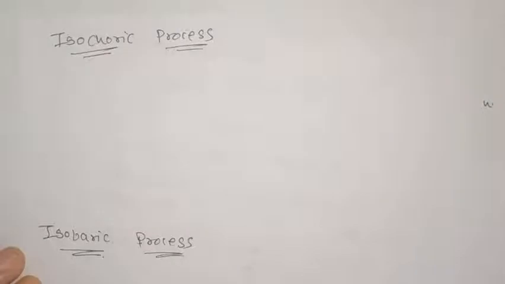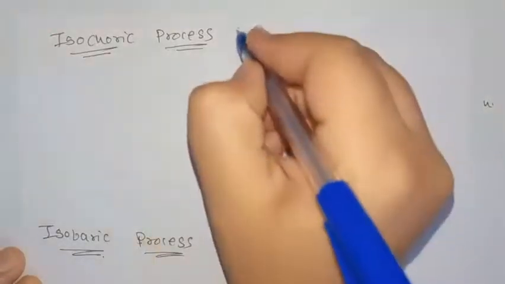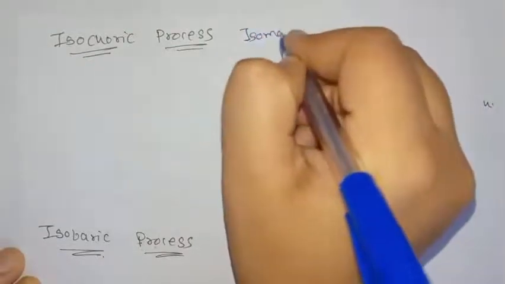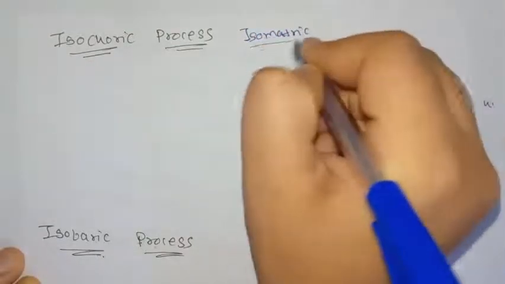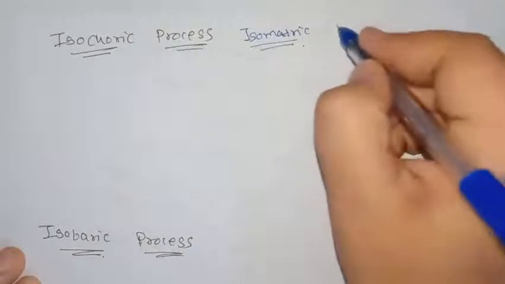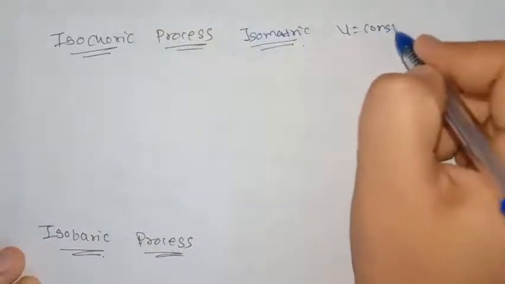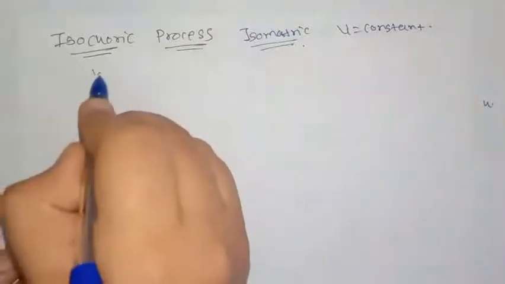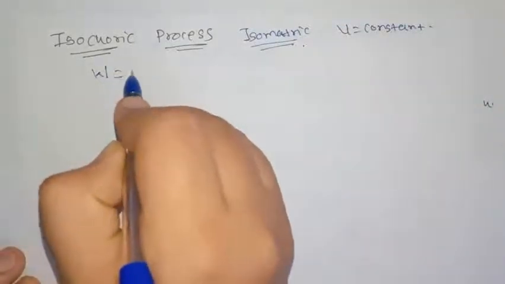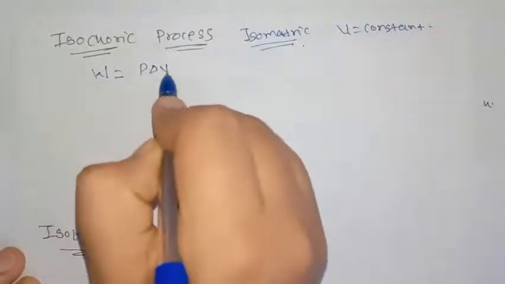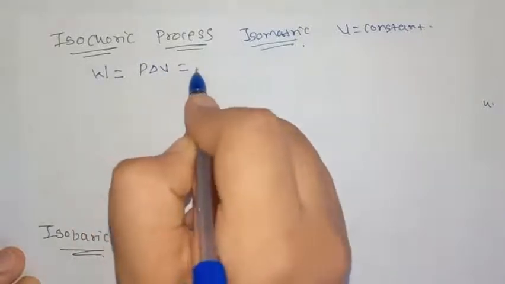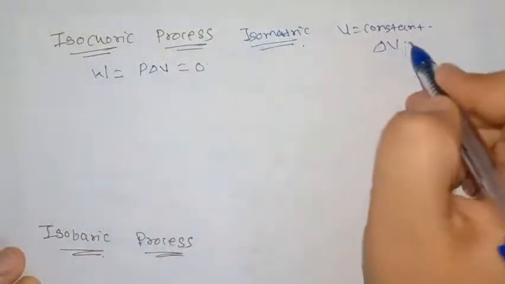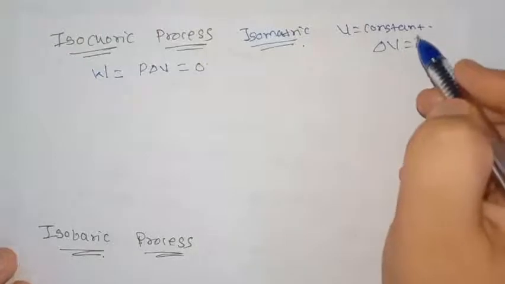Now, let us see the isochoric process. It is also called the isometric process. In the isochoric process, volume will remain constant. As volume remains constant, work done, that is given by P delta V, is equal to 0, because as volume is constant, change in volume will be 0.